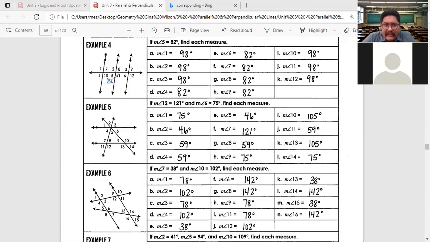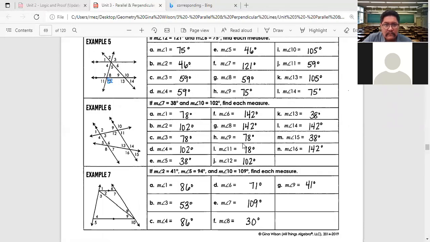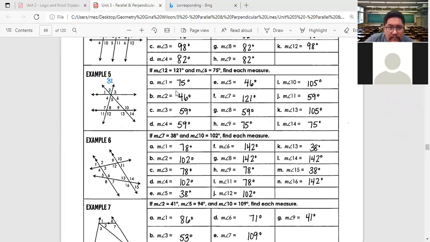You can look at the alternate exterior, the corresponding angles, all of those things, because there would be a lot of things to justify in that case if we had to state our reason. All right, I'm going to move down to the next one, number 5.